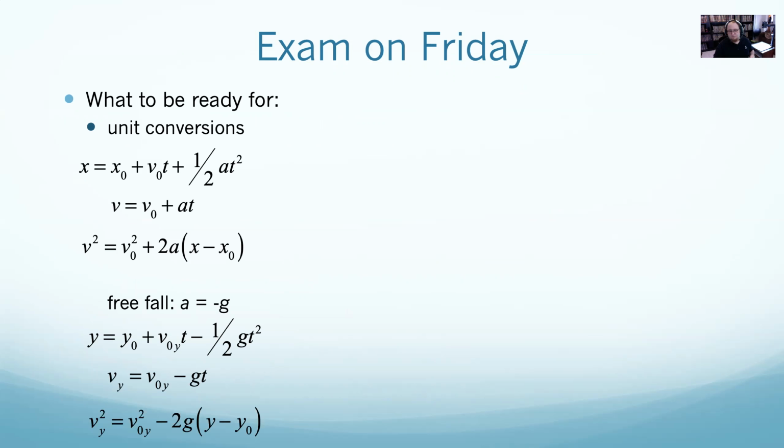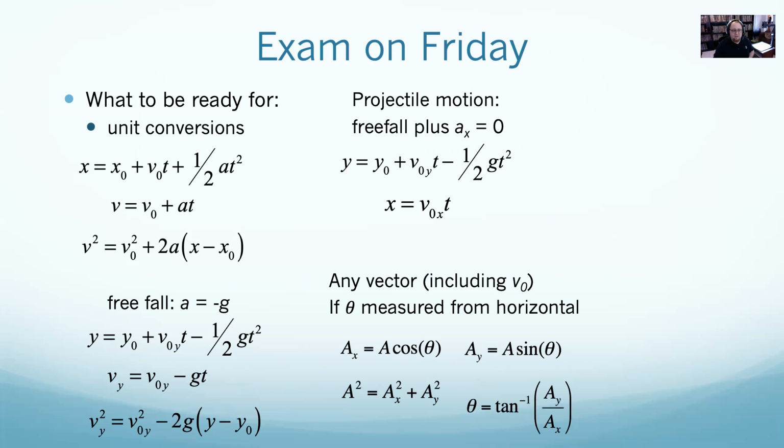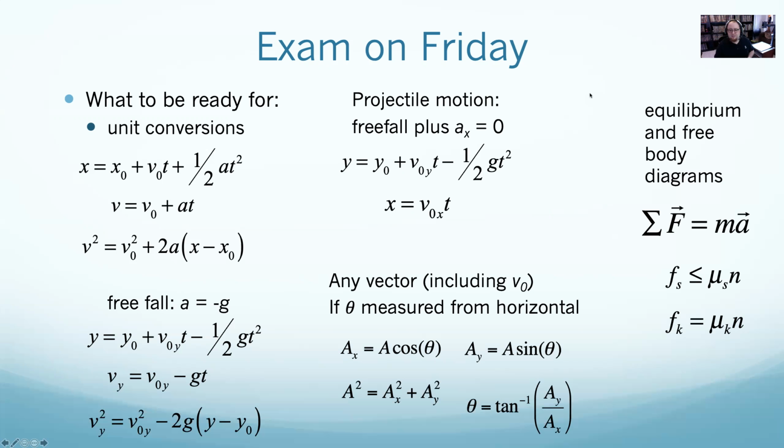Projectile motion is these equations right here. Though you will have to break vectors into components. And break vectors into components, that is these equations. Or go the other way. This might be for forces, this might be for velocities. They work either way. And for forces, we got F equals ma and friction.